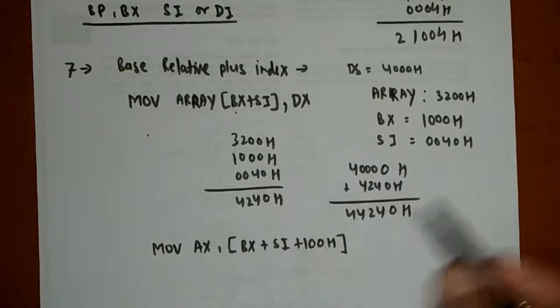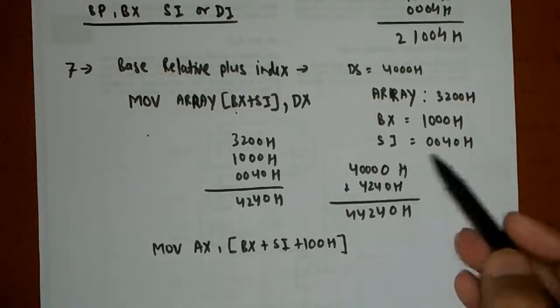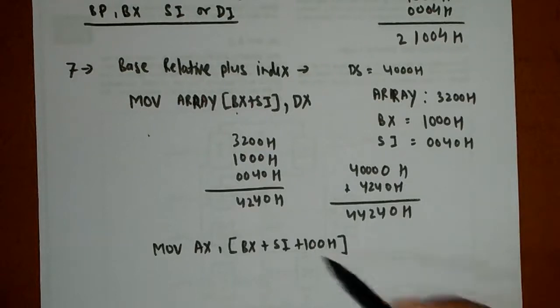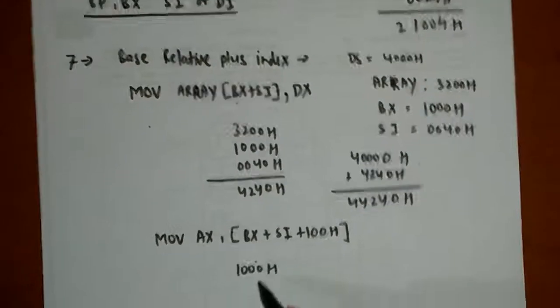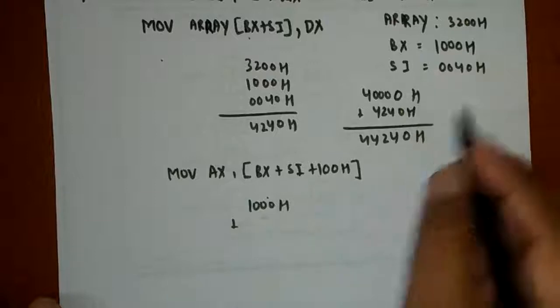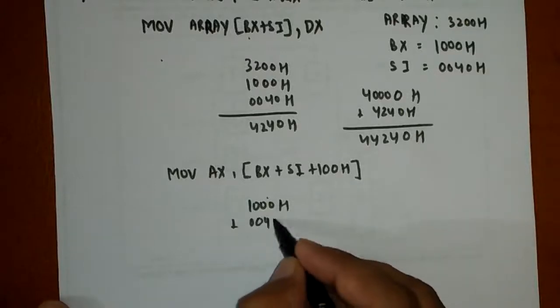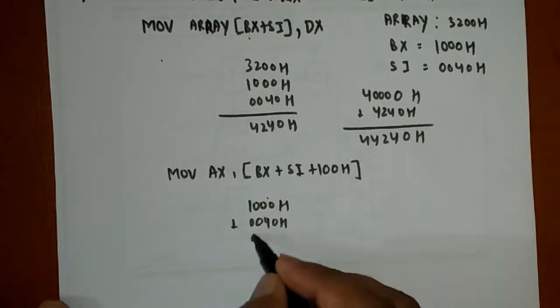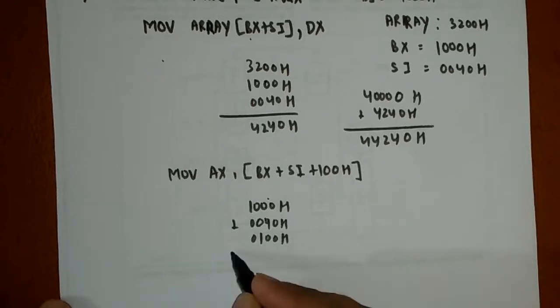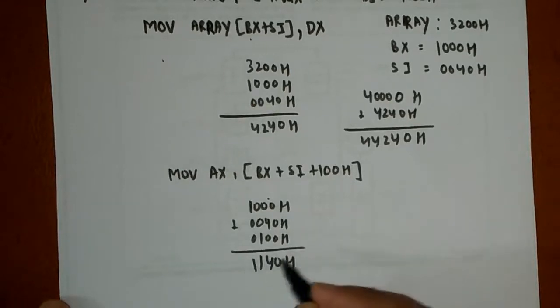In this case, again, if we take BX as 1000, SI as this one, and this is the displacement, the effective address will be BX, that means 1000h, plus SI, that means 0040h, and 0100h. We add all together and get 1140h. This will be the effective address.